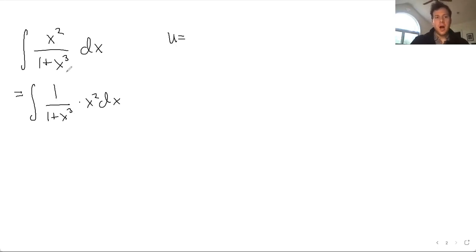But another reason why the bottom is a good choice for u is that you never want to be in a situation where you would try to put some kind of du in the denominator. If we're thinking of this as a fraction, the dx is always on the top. So the du is also, whenever you do the substitution, going to be on the top. So that means whatever is happening on the bottom really has to be subsumed by this choice of what u is going to be.